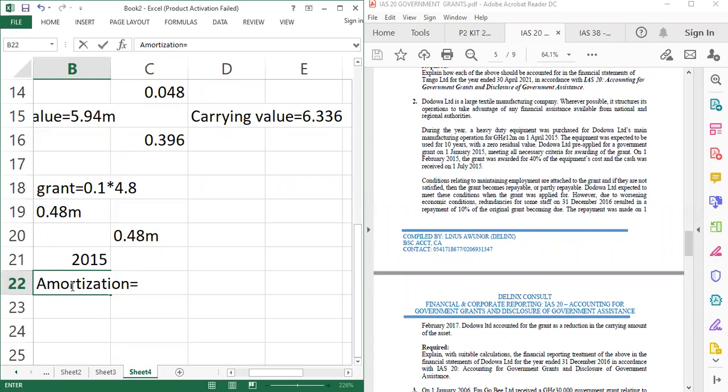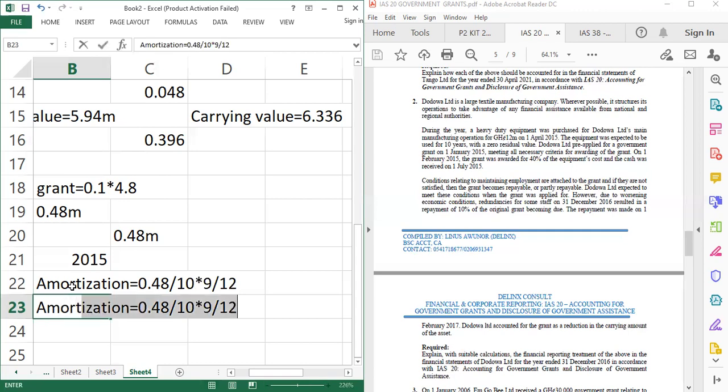Amortization will be 0.48 divided by 10 times what? 9/12. So in 2015, we used 9 months of these grants. What will be the amortization figure? 0.036.